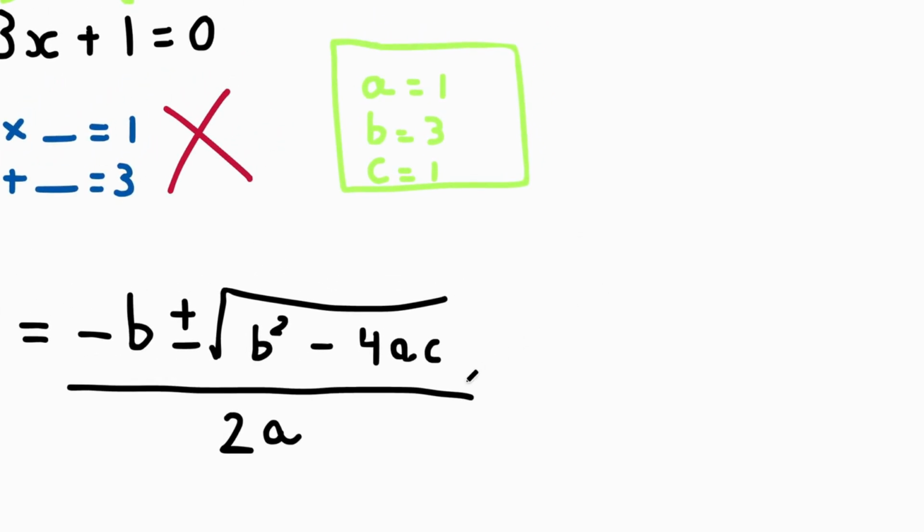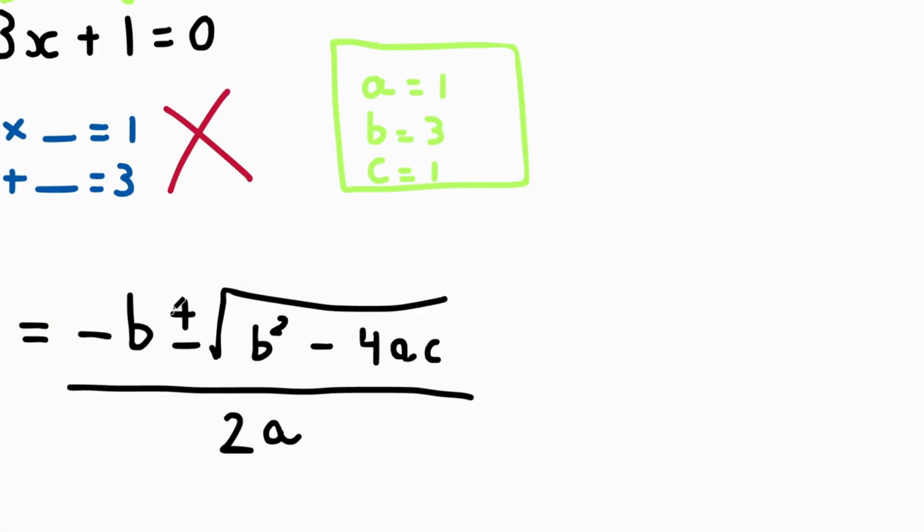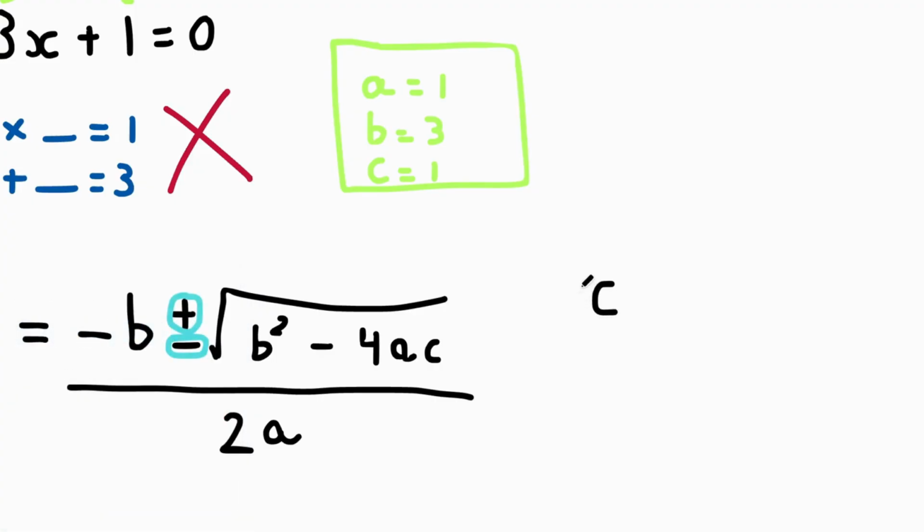Again, if you don't understand this concept, go back to my last video and you'll get the hang of it there. So, as I said, we have two different equations that we're going to have to make, purely because it can either be plus the square root of b squared minus 4ac or minus the square root of b squared minus 4ac. So, let's start off with the positive, with the plus.